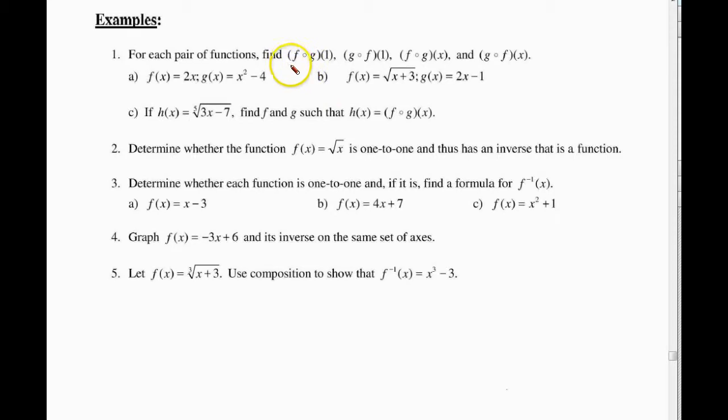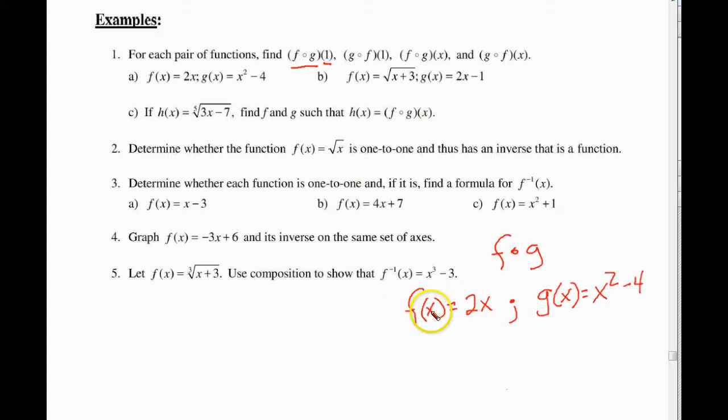So we're going to do this one first, and I'll write it down here. Now this looks like f o g, but it's f composed with g. So we're saying that we want to put a 1 there. So let me write these out too. In this first one, we're saying we're going to look at g.